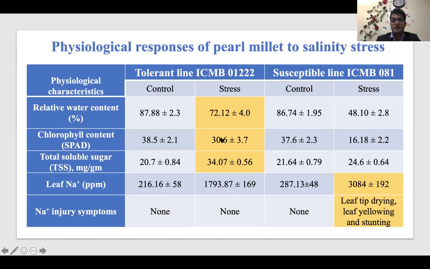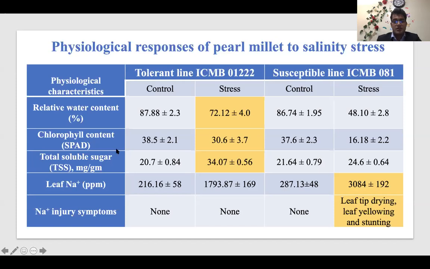At the same time, we measured chlorophyll content with SPAD meters, and found that chlorophyll content was very low in the susceptible line during stress. In the previous picture you could also see the yellowing, that is, the loss of chlorophyll. But the tolerant line still had higher chlorophyll content than the susceptible line.